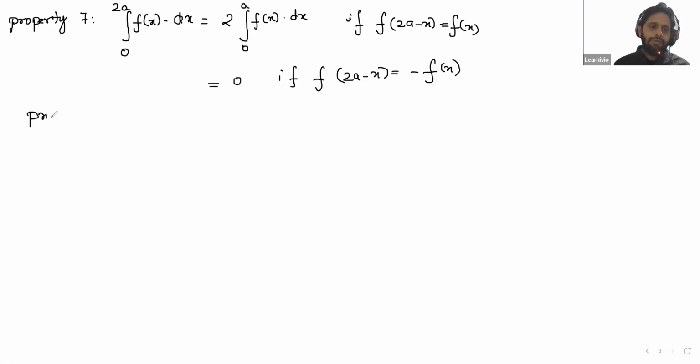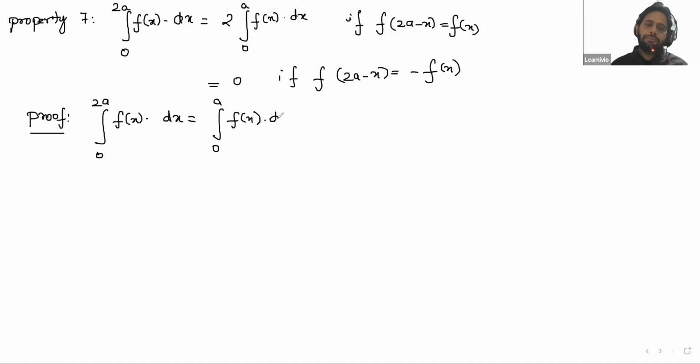We'll do the proof of this. We already know this property: integral 0 to 2a f(x) dx is equal to integral 0 to a f(x) dx plus integral 0 to a f(2a minus x) dx. Okay, we already have this property.